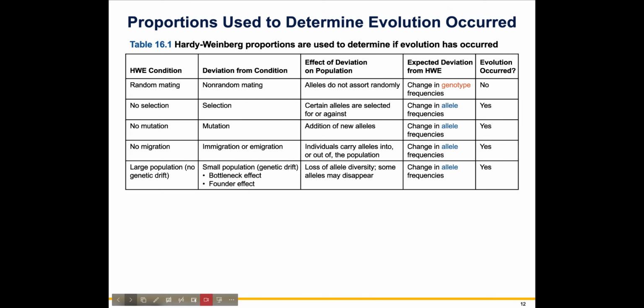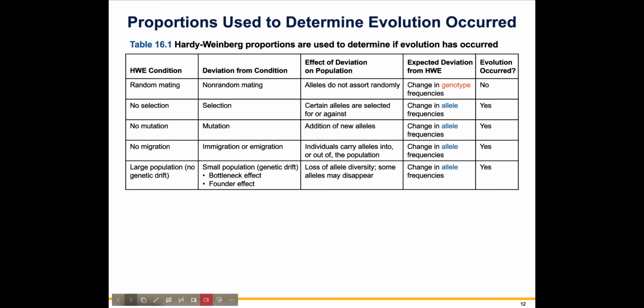So, how do we determine if the evolution has occurred? Well, if we look at each condition, such as Hardy-Weinberg says that there is random mating. If there is non-random mating, if individuals are choosing their mate, then those alleles are not random. And so then we are seeing a change in what alleles are in our gene pool, and we would expect there to be a change in our calculations.